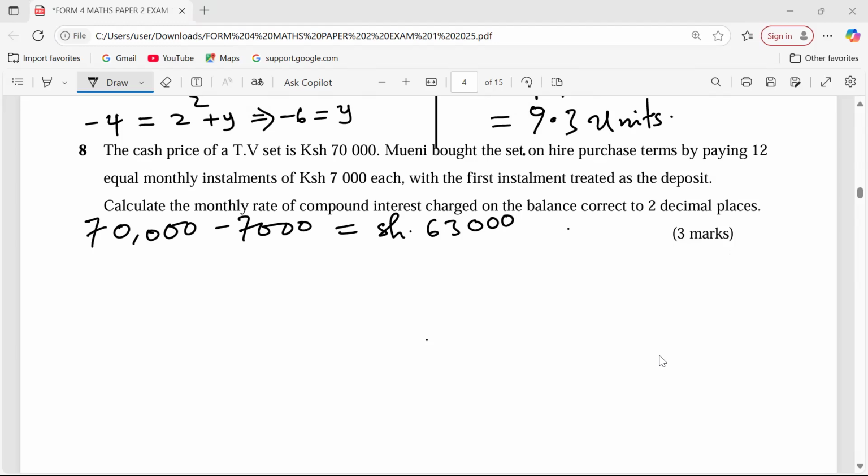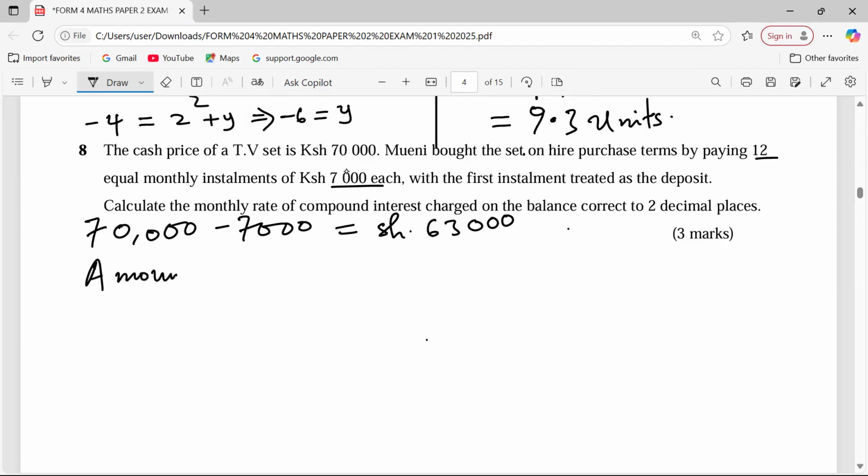Let's now talk about after paying this deposit. Now look at this. They were 12 installments. So the installments now, which will give us the remaining balance, the balance paid.